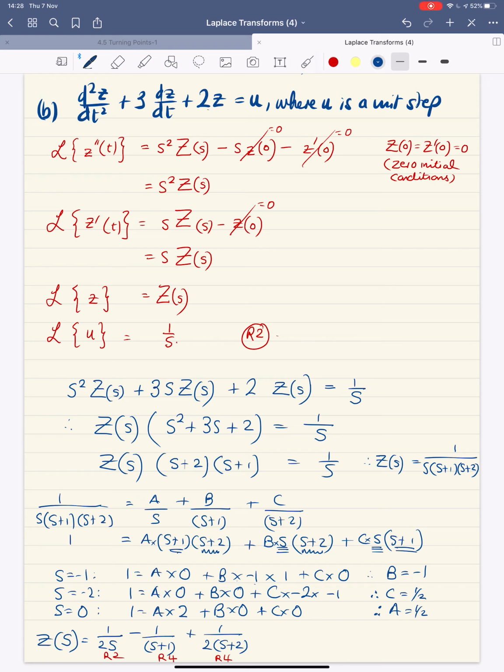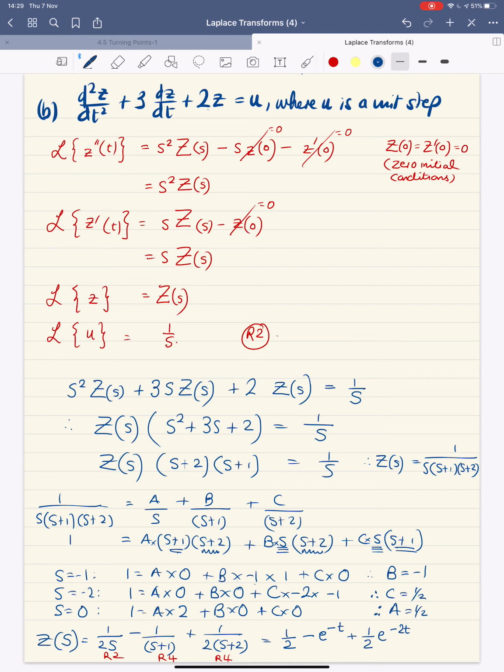So then we can say 1 over 2s is a half. The minus 1 over s plus 1 is minus e to the minus t. And then the next one is going to be plus a half e to the minus 2t.